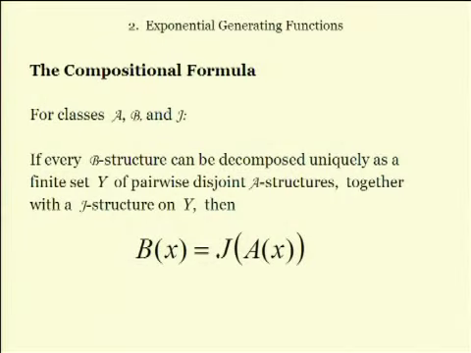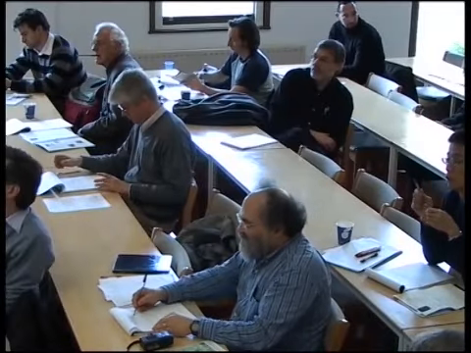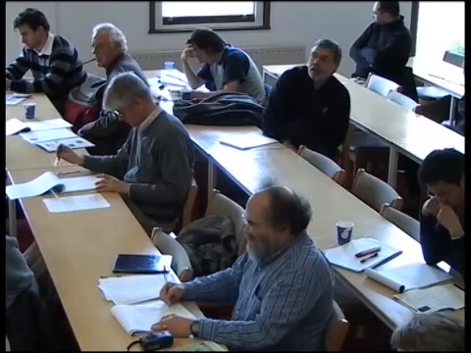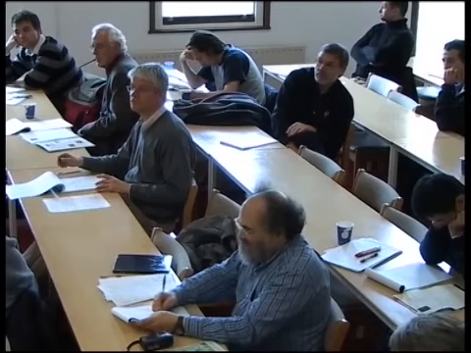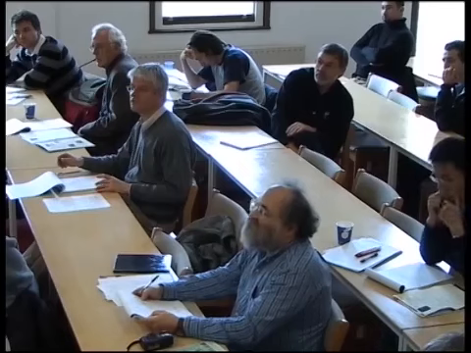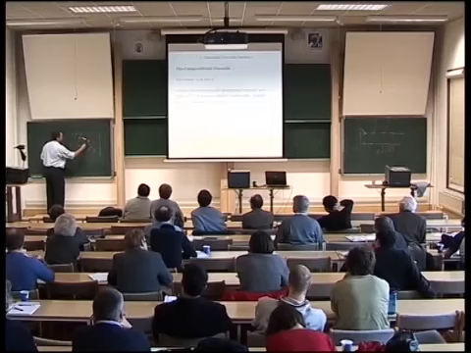So the J structure on Y, where Y is considered a set. For instance, say for a connected endofunction, you've got a collection of rooted trees. And then you think of these things as being elements of a set, and you put a cyclic permutation structure on that set.